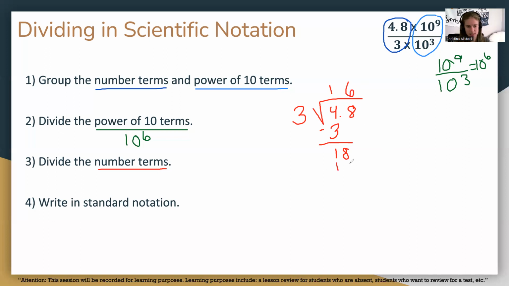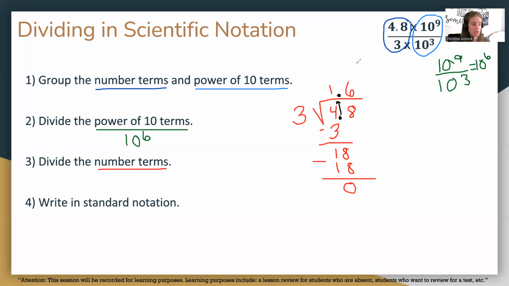And 3 times 6 is 18, meaning it goes evenly. And we don't have anything else. But there's something I'm forgetting, and this is something you should do right away so you don't forget. When you're dividing with decimals, you just gotta bring that decimal straight up so you don't forget about it. And that's really all you gotta do.